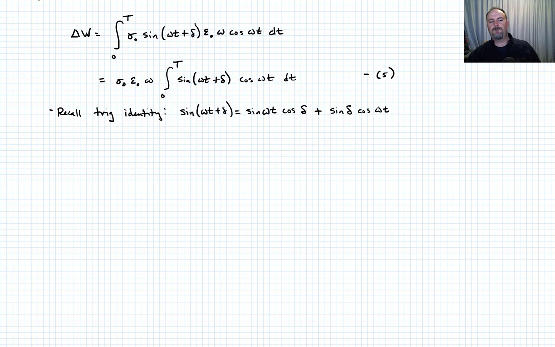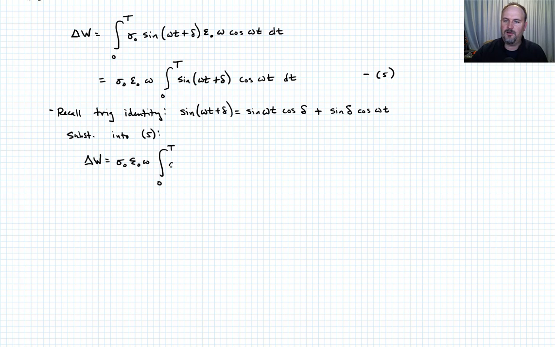Okay? So we can substitute that into equation 5. So substitute into 5. Okay, and now we have that delta w is equal to, we have our constants out front, sigma naught, epsilon naught, omega, now times the integral from 0 to t of this quantity here.